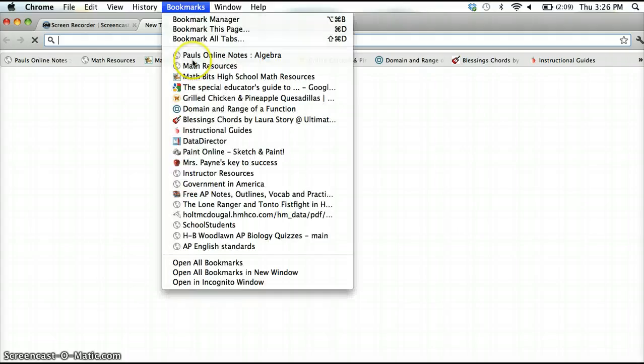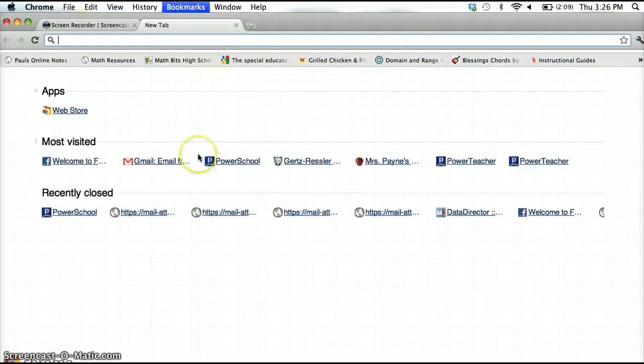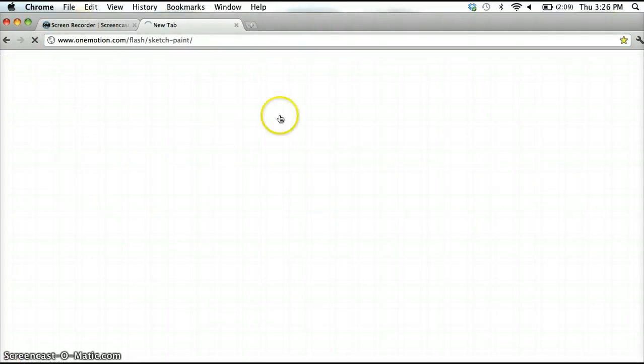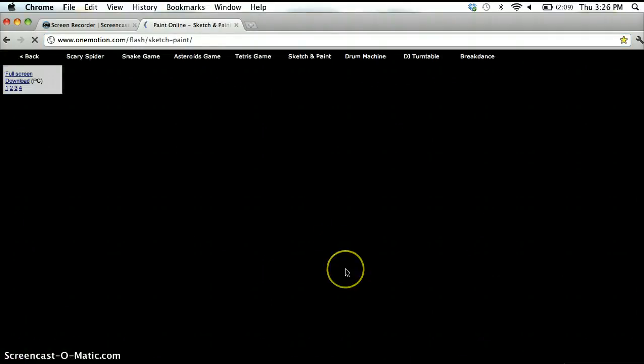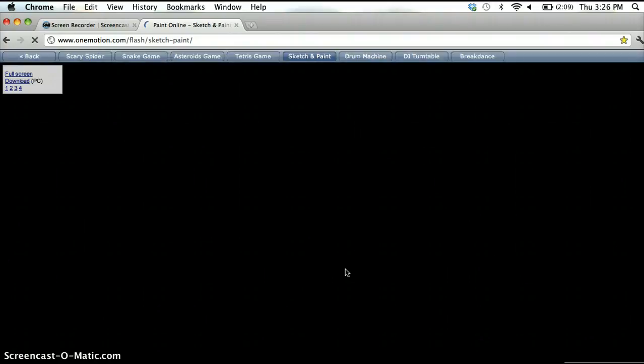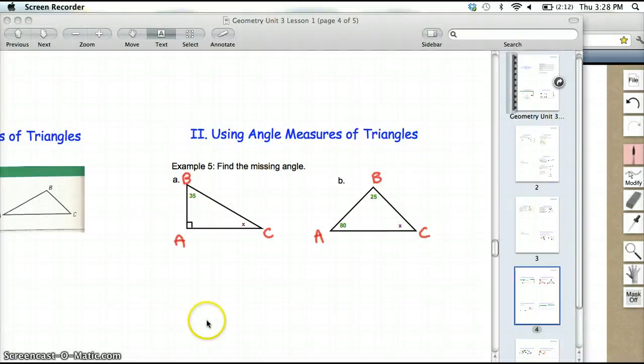We're going to pull up Paint so we can show you this online. As we look at triangle ABC on the left, you'll notice that two of the angles are given to you, and one of those angles is not.